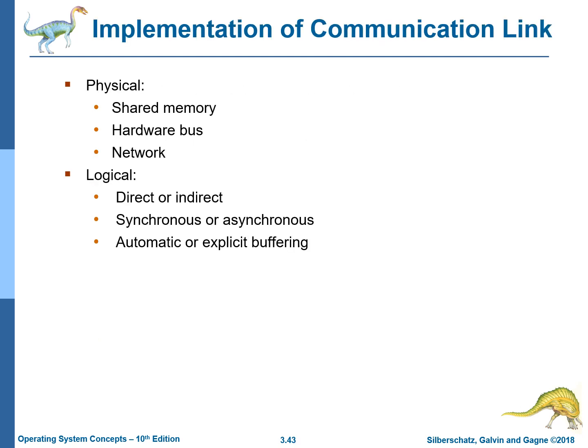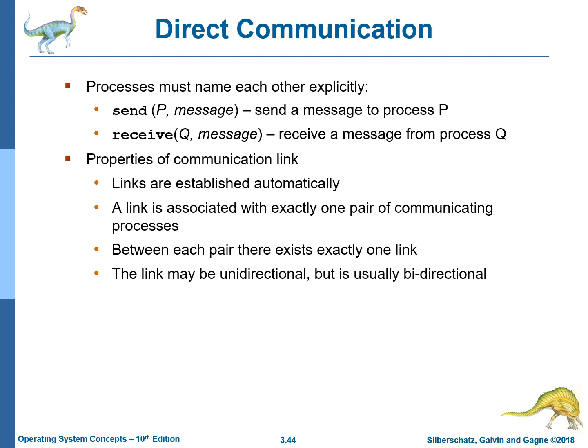Implementation of the communication link: physical, such as shared memory or hardware bus or network; logical, such as direct or indirect, synchronous or asynchronous, and automatic or explicit buffering. Direct communication.